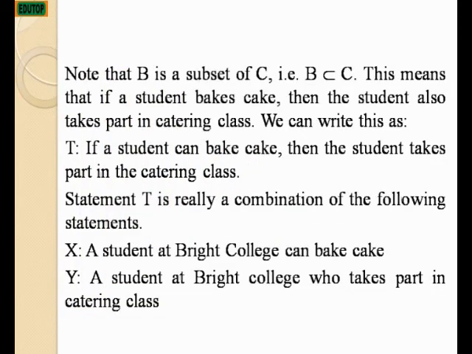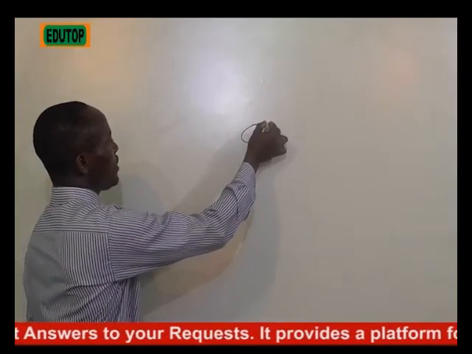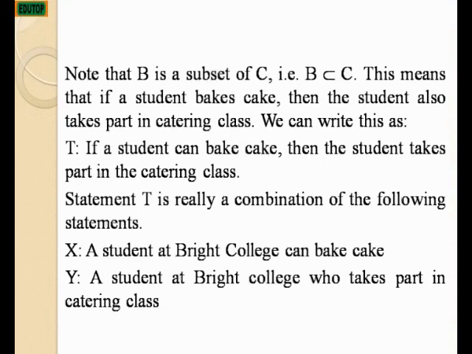Note that B is a subset of C. The symbol for subset is not a C, but an extended C. This means that if a student bakes cake, then the student also takes part in the catering class.